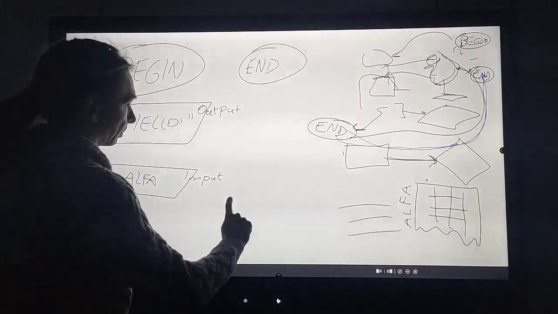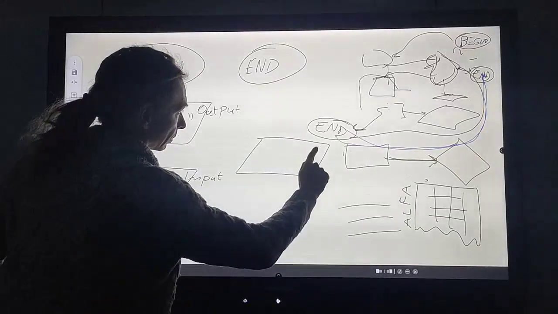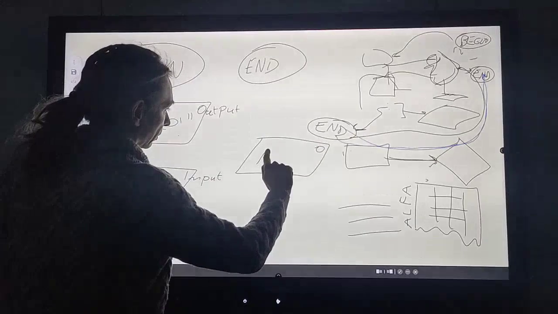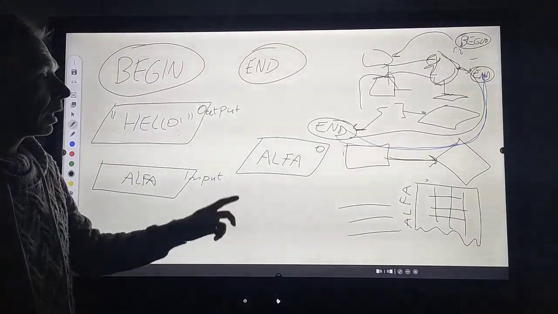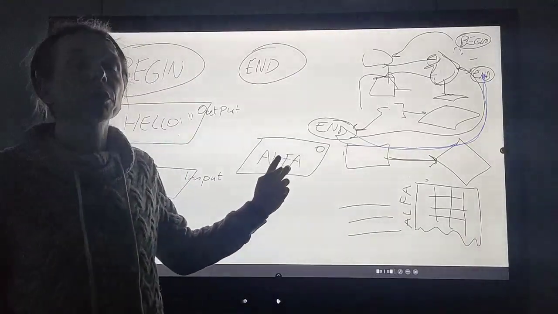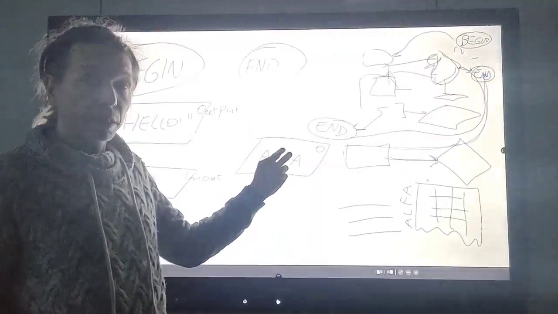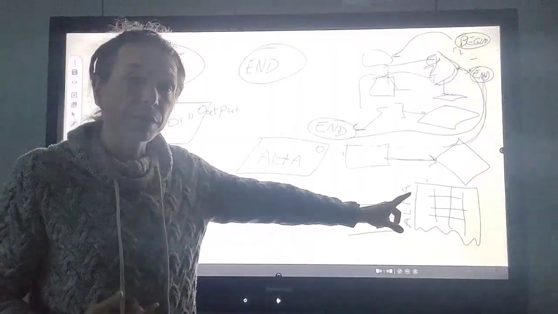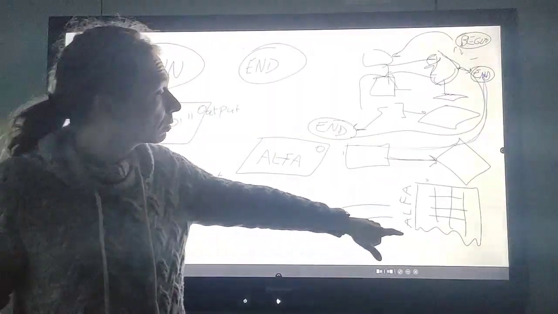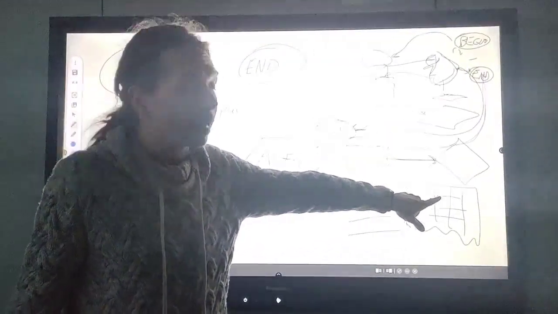This way, the droid will not use his voice to say alpha. No. He will use his voice to read what's written inside alpha.